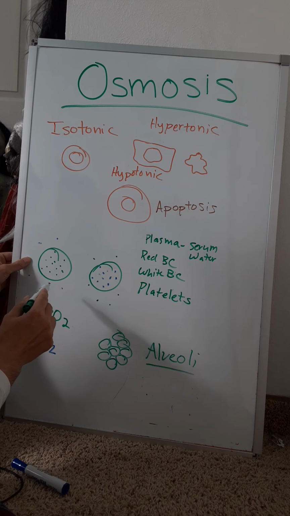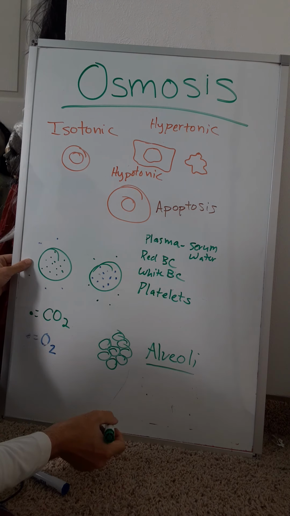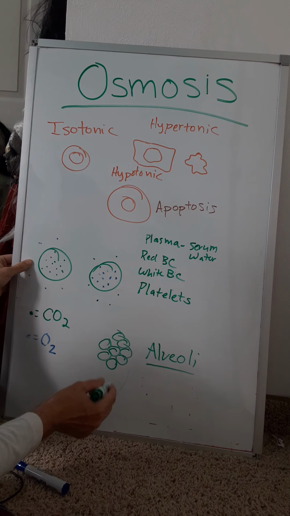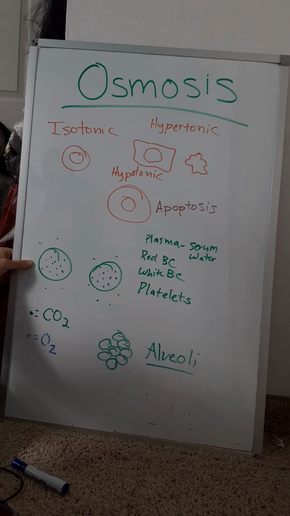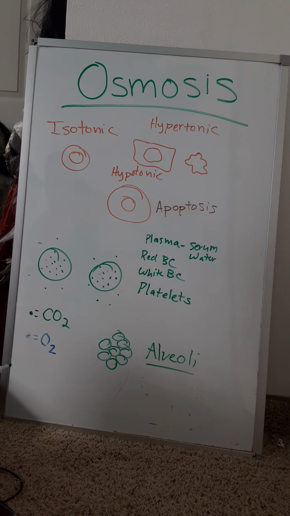So these cells coming from the body that are loaded with CO2 will come up here. And because you breathe in oxygen, you will have a lot of oxygen on the outside.